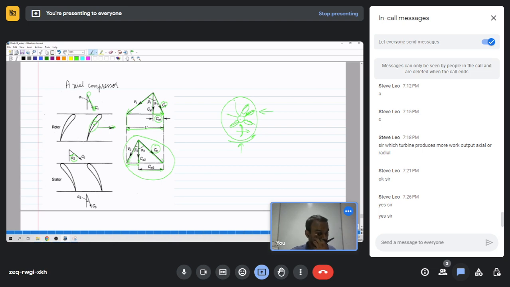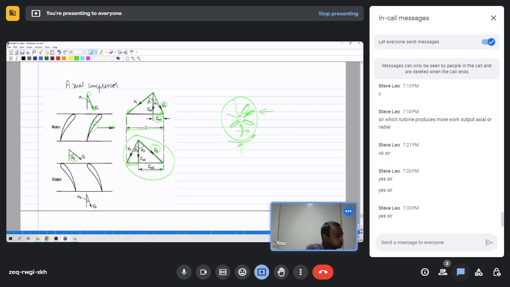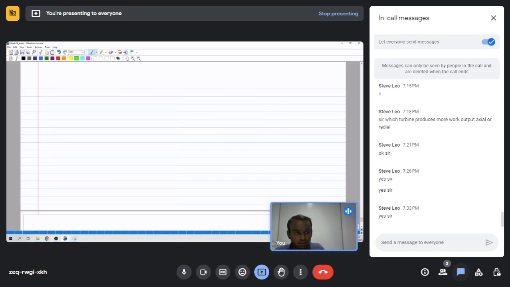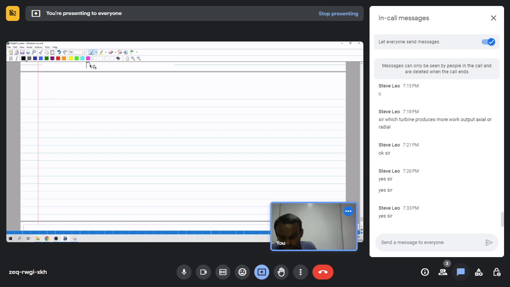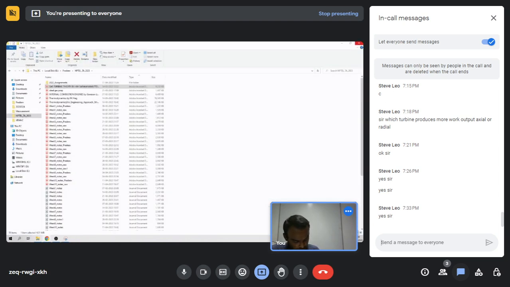Then, are there any other questions? So maybe we can discuss the blade loading factor. Can you tell what is blade loading factor? Maybe I will not be able to give an explanation now, but we will see and understand it.